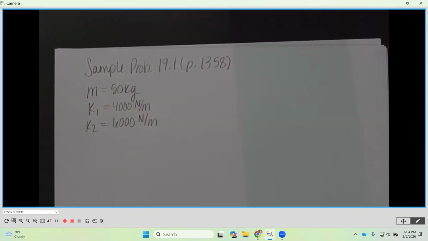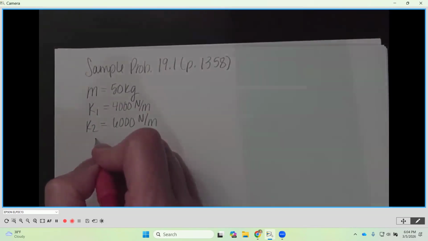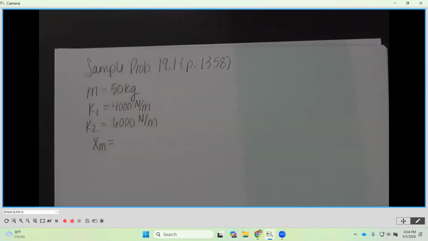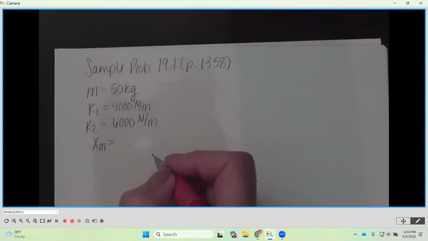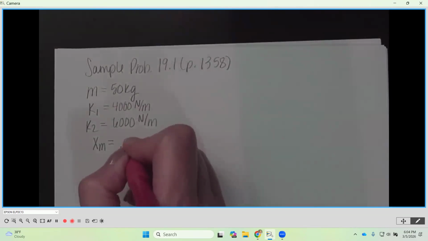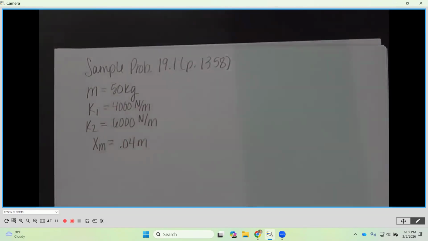The problem also told us that we are going to move that spring 40 millimeters down, which would be 0.04 meters. So the amplitude is going to be 0.04 meters.